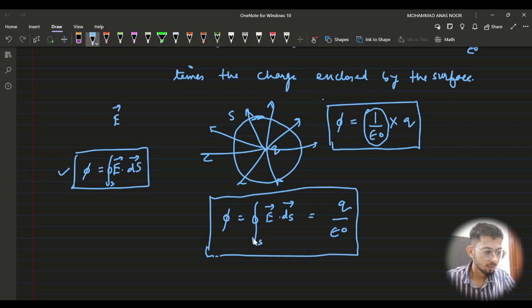Now let us prove this result, that flux is equal to q by epsilon naught. From now onwards I will call it q by epsilon naught, not 1 by epsilon naught times q, because that's the same thing.